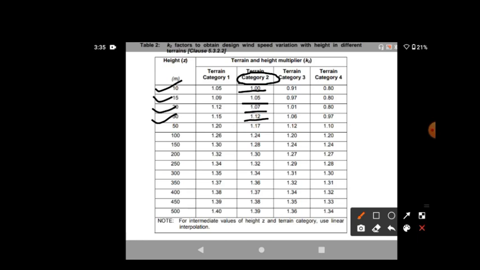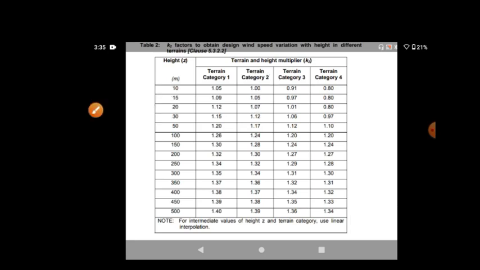The value of K2 for a height of 33 meter is not given in the table. So what we are going to do is interpolate between two values, the first one is 30 and the second one is 50.